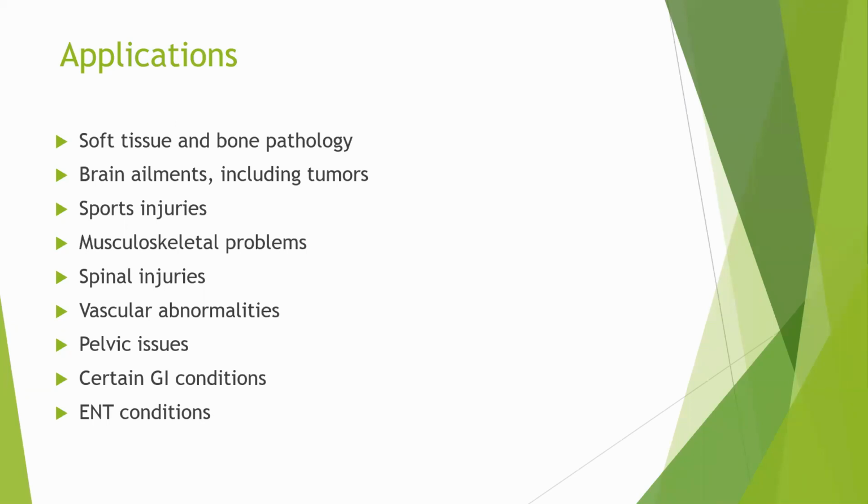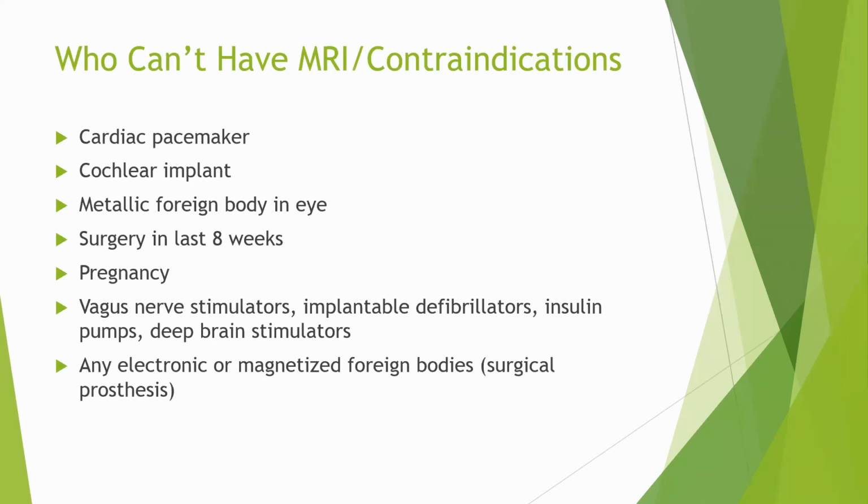Who can't have MRI, or contraindications? Now, surgery in the last 8 weeks is mentioned in the books that I have referred to, but usually it's not a contraindication or a red flag.